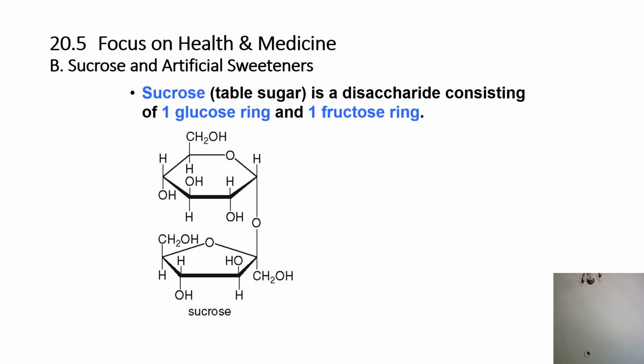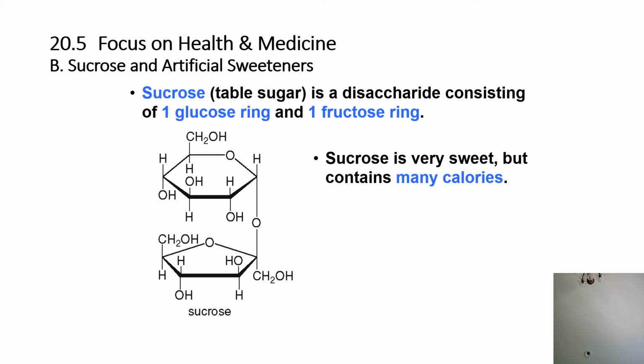Another disaccharide is sucrose or table sugar. This disaccharide is composed of a glucose and a fructose ring. So, and you can see the linkage here. So sucrose is very sweet, as we know, and contains quite a few calories, even though honey is sweeter.